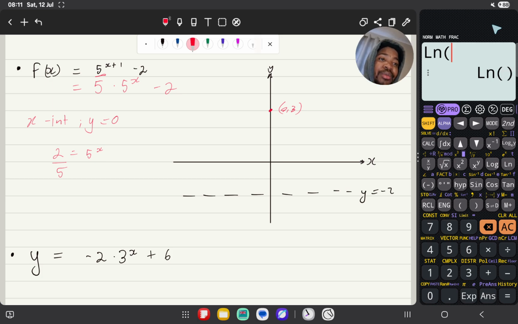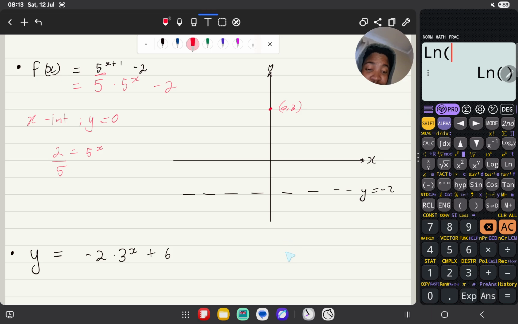So in short, if you have ln of 5 squared, you can write this as 2 ln of 5, right? So I'm gonna make a video about these things, because you find that in most problems you would use them, you're gonna use it a lot for exponential functions, right?